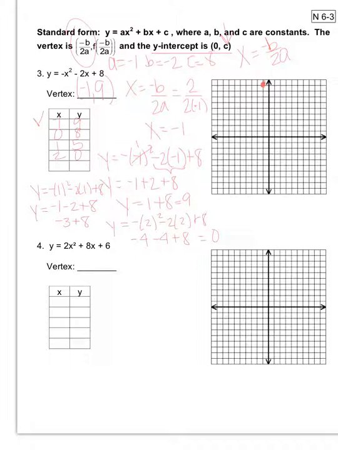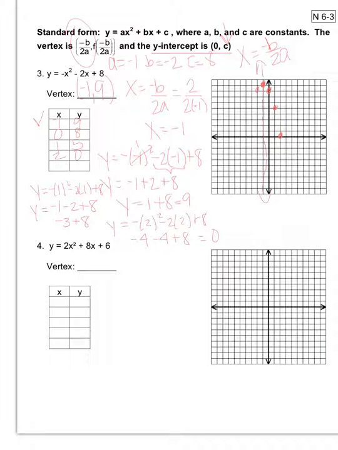Okay, so let's plot those points. 0, 8, 1, 5, 2, 0. I'm going to draw my axis of symmetry line that goes straight through your vertex.